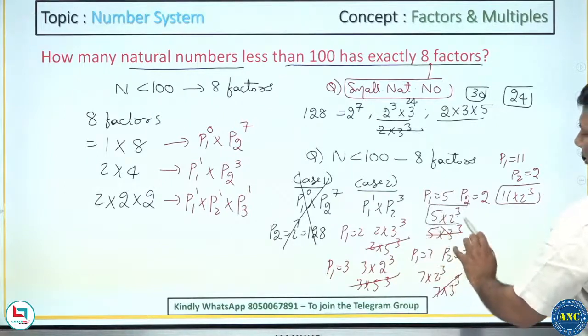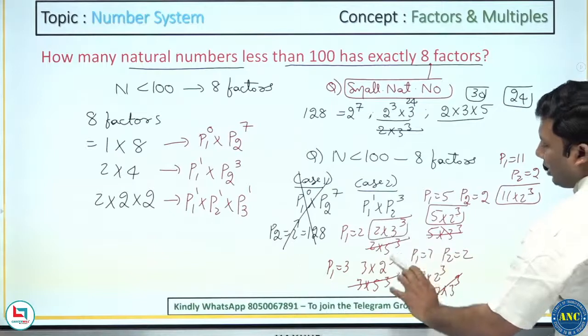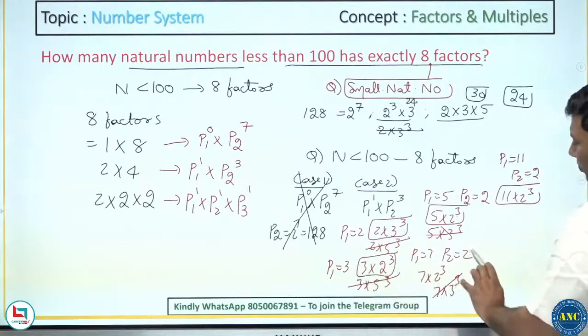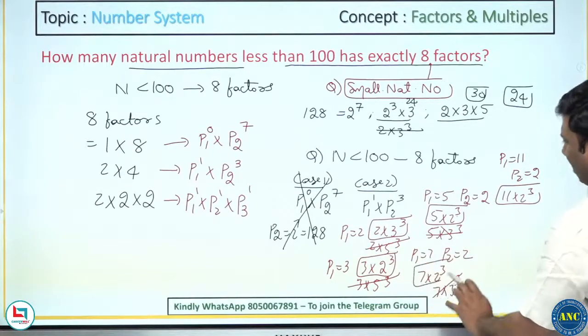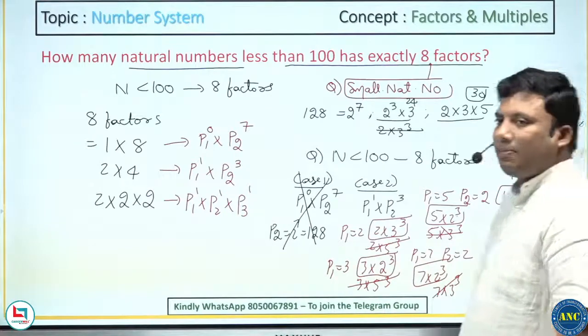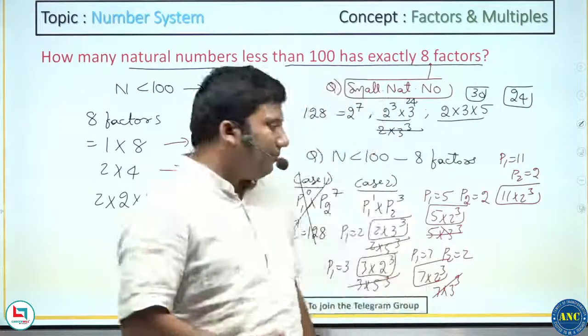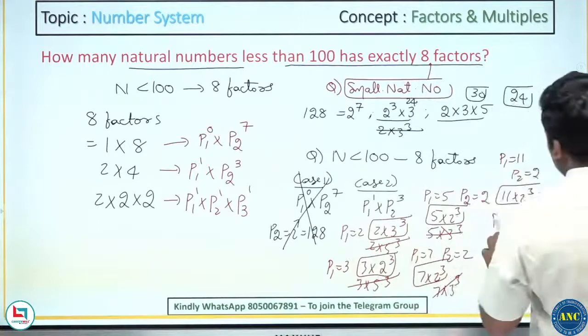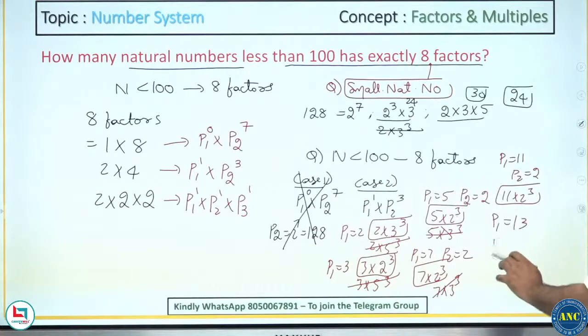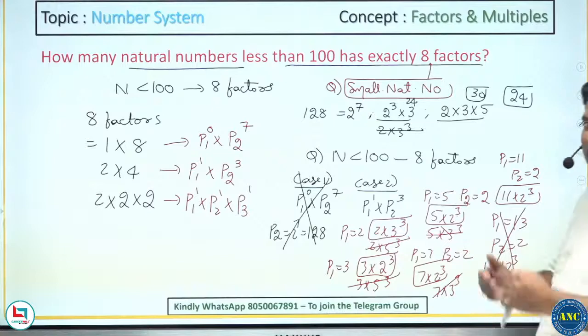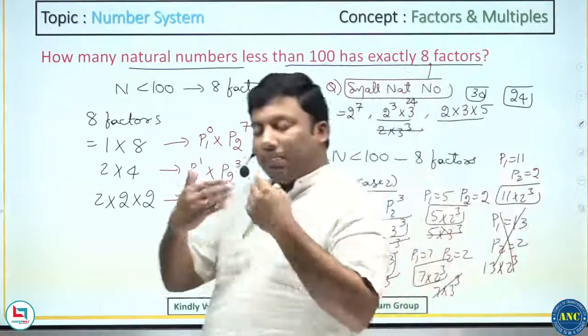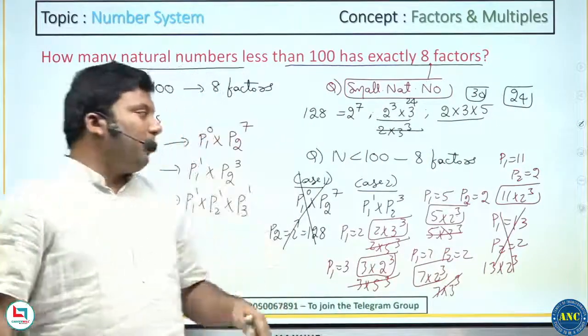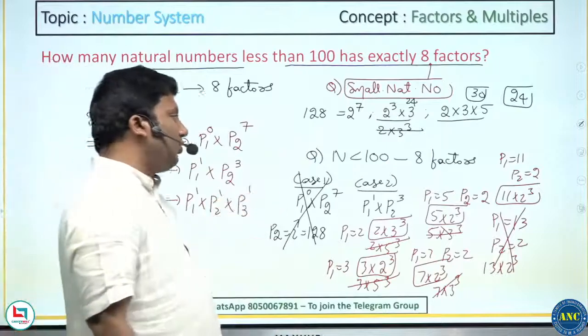Next, if I take P1 as 13 and P2 as 2, 13 into 2 cube, 13 into 8, 104, not possible. So first I kept P1 as 2, then P2 I gave 3, 5 and so on.